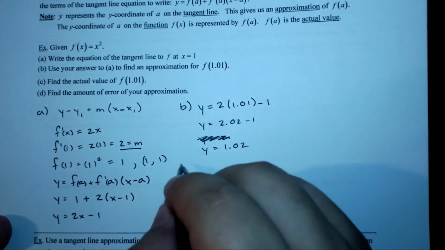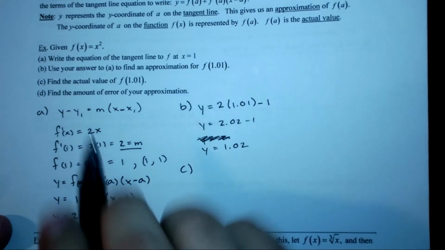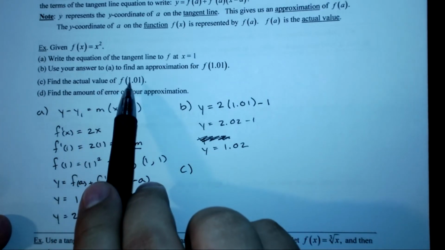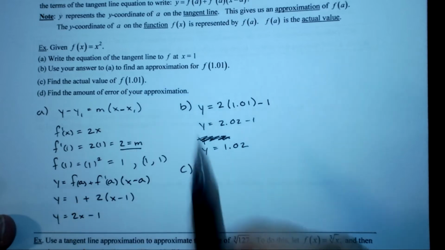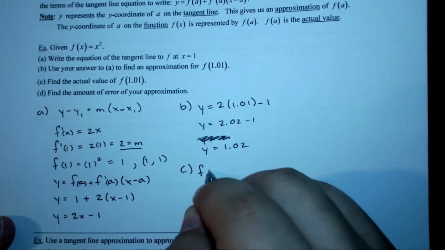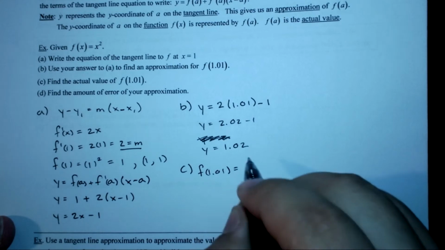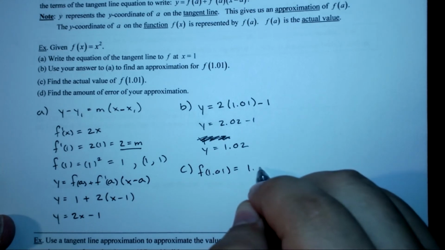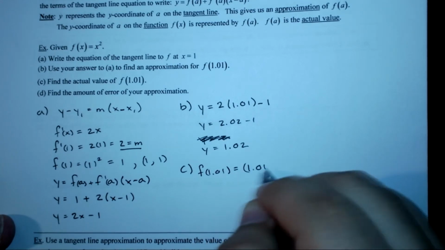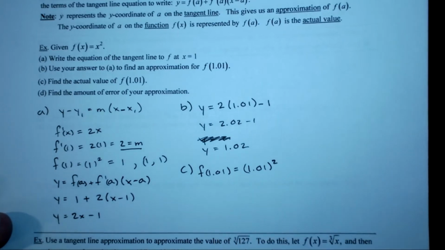All right. Now it says to calculate the actual value of f of 1.01. So what we're talking about is f of 1.01, which is equal to 1.01 squared.